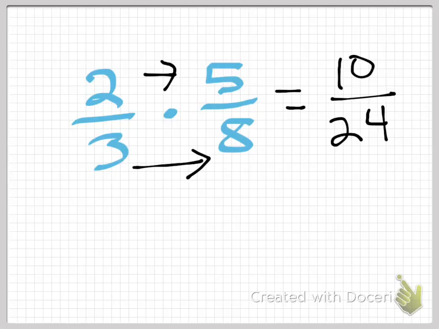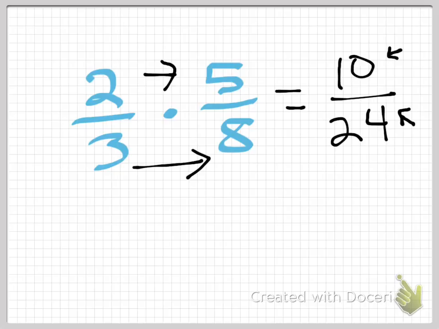Why? Because 10 and 24 have a common factor, meaning that they can both be divided by a number. Well, what's the greatest common factor? What's the biggest number that they have in common?